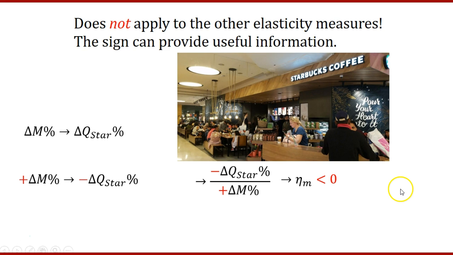And what does it tell us? It tells us that from the perspective of consumers in this particular market, Starbucks coffee is deemed an inferior product, an inferior good. There are alternatives available which are deemed superior. Right? And that might make sense.